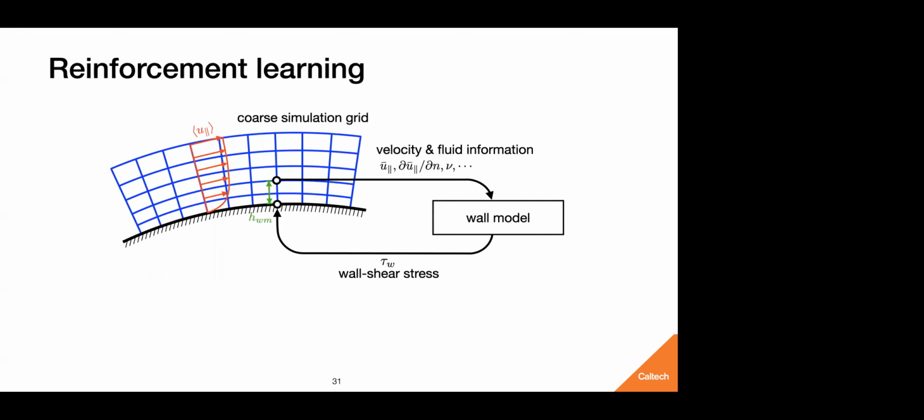So if you remember the schematic for wall models, we have a core simulation grid where we take velocity information, or flow information, from an off-wall location. We plug that into the wall model, we get a wall shear stress, and then we apply it as a boundary condition. This schematic is very similar to how reinforcement learning actually works.